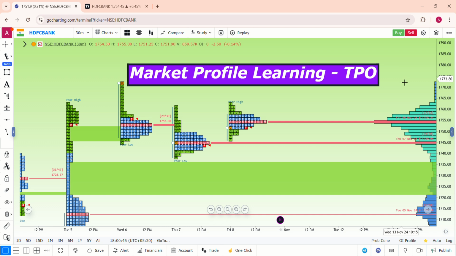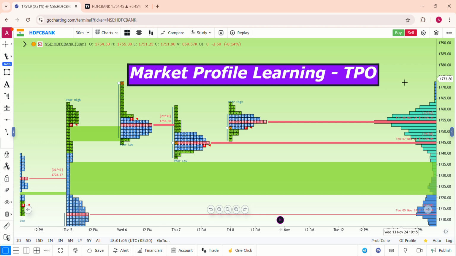Including price, we are also adding time. That is one of the most important components of market profile, which is really missing in other analysis methods.